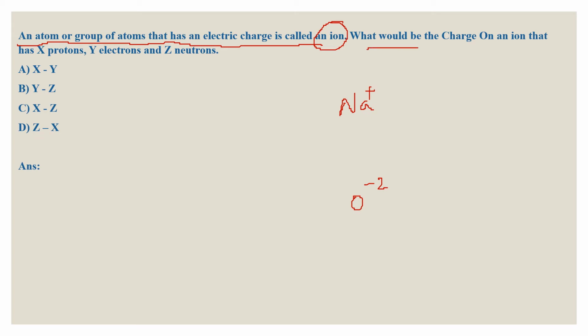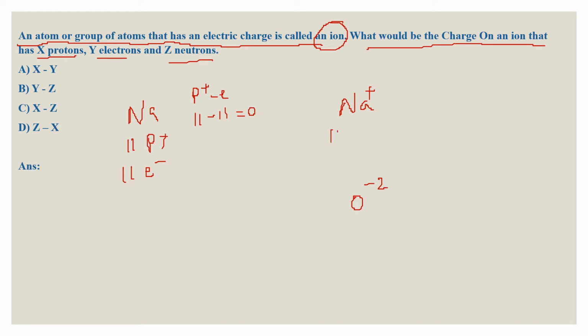What would be the charge on an ion that has X protons, Y electrons and Z neutrons? Suppose you take sodium, it contains 11 protons and 11 electrons. So generally 11 minus 11, protons minus electrons, is equal to 0.